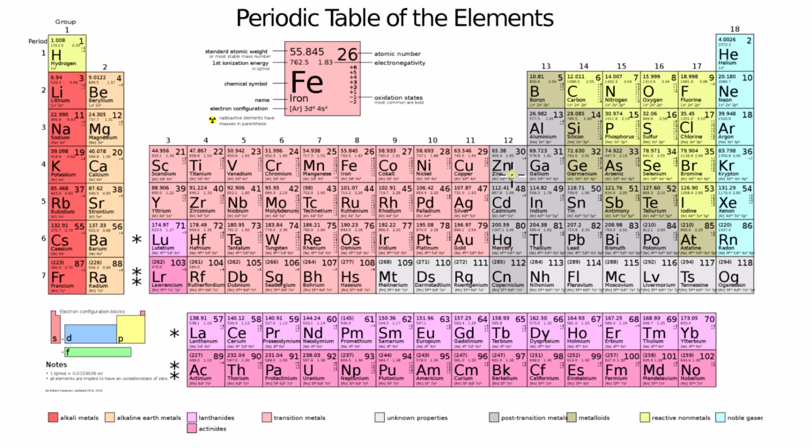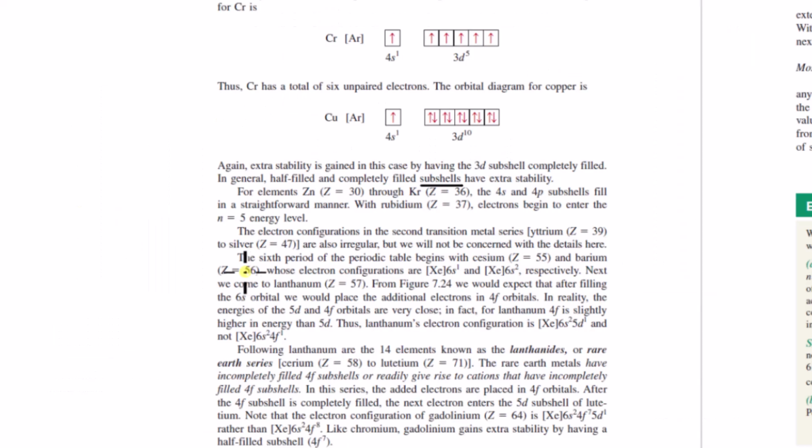It would be 4s2 3d10, right? And then we come back to the normal pattern. We'll do 4s2 3d10 4p1, 4s2 3d10 4p2, 4s2 3d10 4p3, 4p4, 4p5, 4p6. It's a normal pattern. And then we come to period 5.